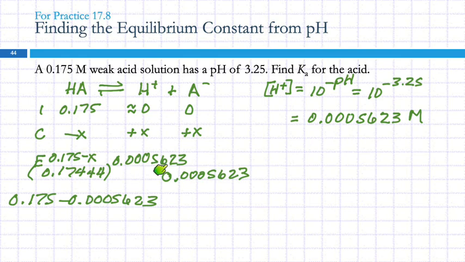So these are my product concentrations. That's my reactant concentration. Ka equals that product concentration squared, because these are the same, is this times this, divided by that.